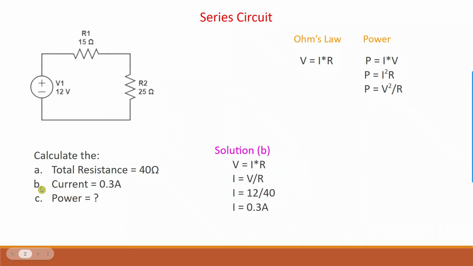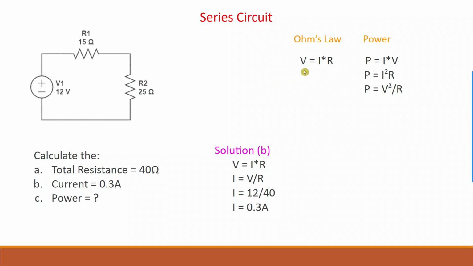Next we'll calculate the current. What is the total current of this circuit? For that we have one formula. To calculate the total resistance, we do not need to apply Ohm's law. But to calculate the current and power, we have to use Ohm's law. Ohm's law is V equal to IR.